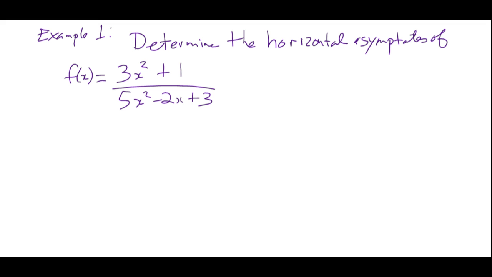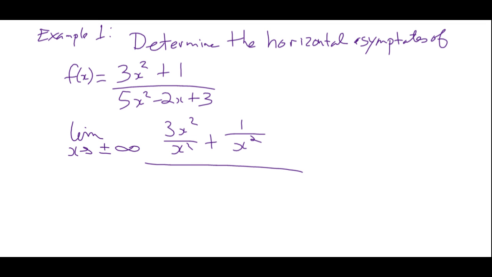But we can't just do that. That's the answer, so at least you know what you're working towards. Seeing as it's square, we could do the limit as x approaches plus or minus infinity, right? Because it's only the term of highest degree that matters. So we're going to take 3x squared over x squared plus 1 over x squared. Right? So we're dividing top and bottom by the term of highest degree.